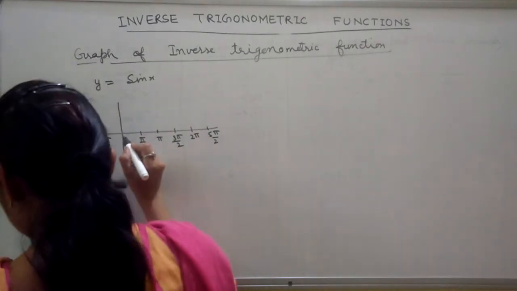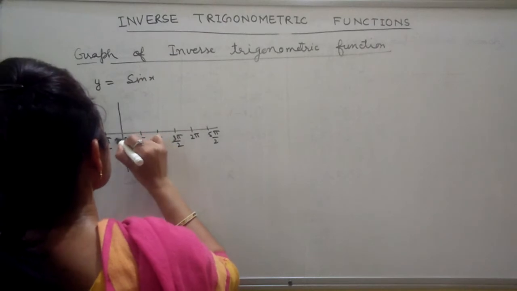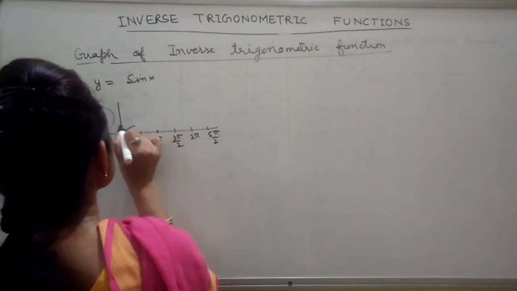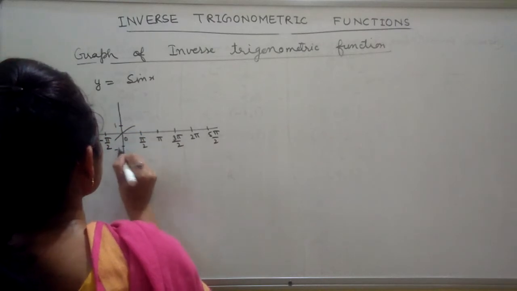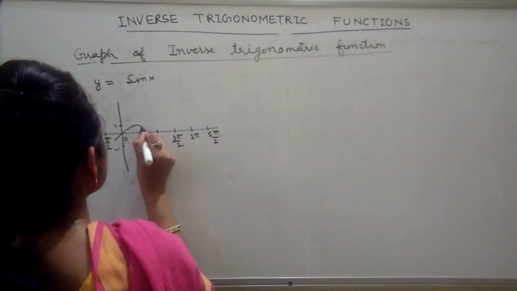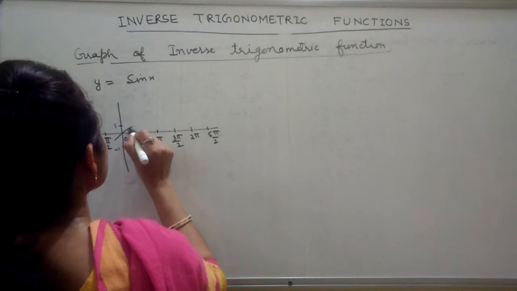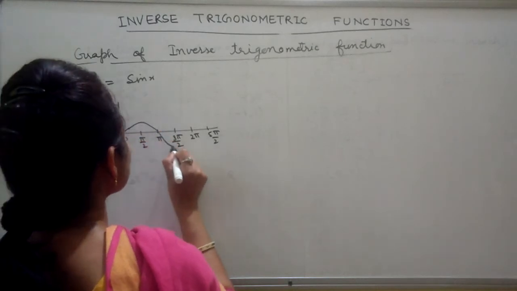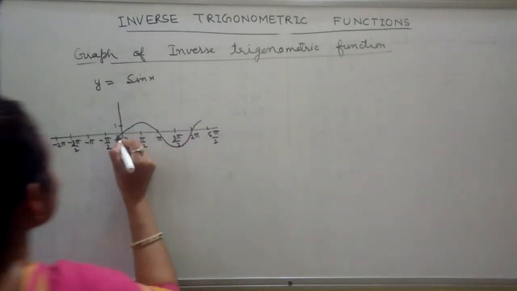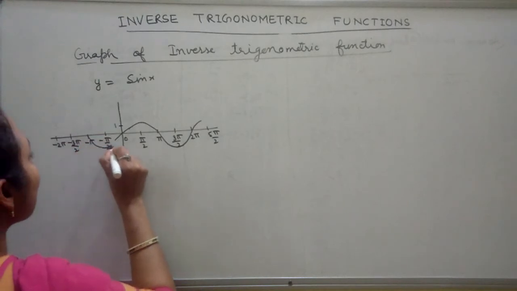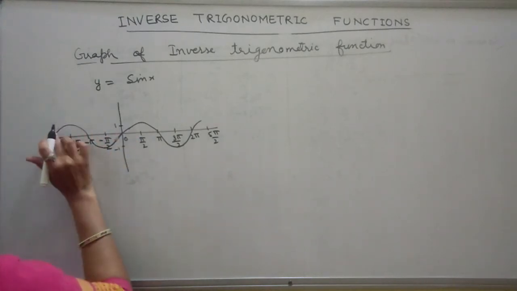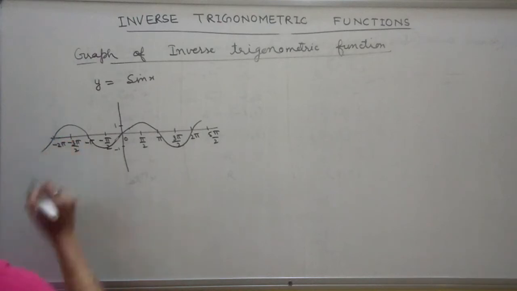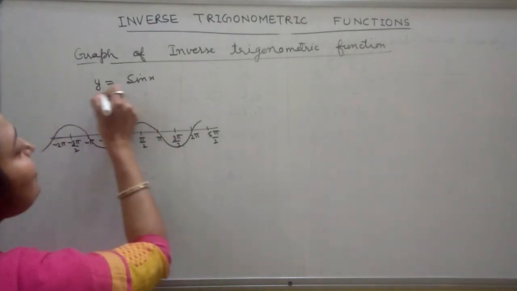So we have the graph of this function. This is minus 1, this is 1, and this is minus 1, right? Then 1, then minus 1, and so on, with period 2 pi. So this is the graph of y equals sin x.